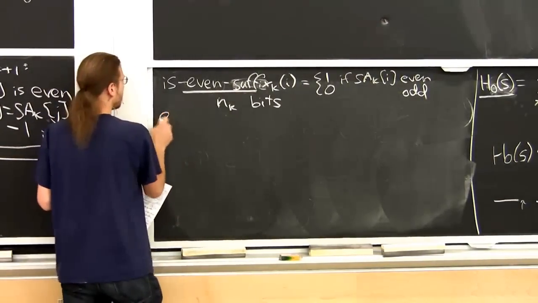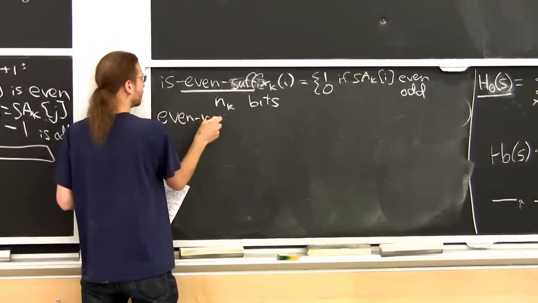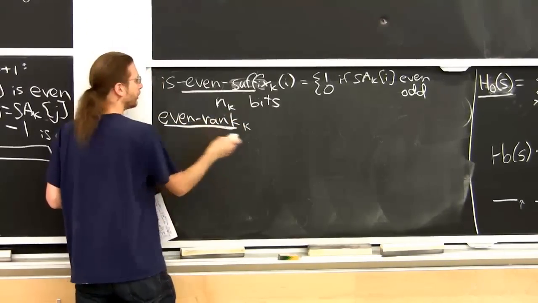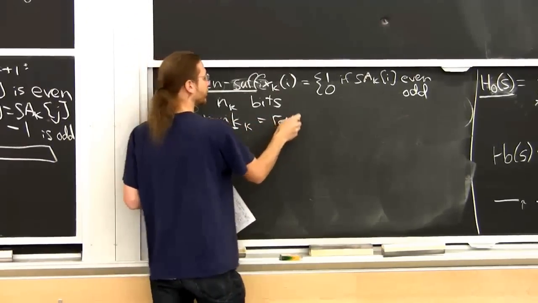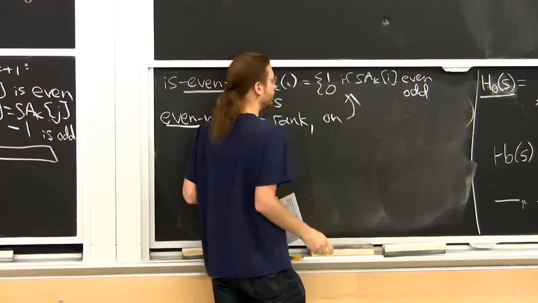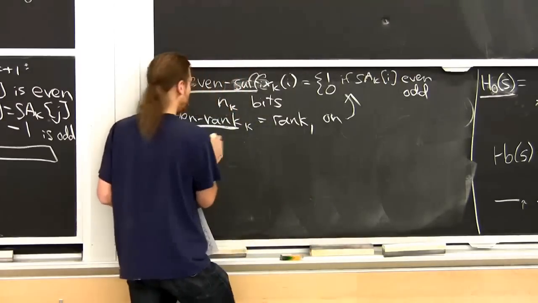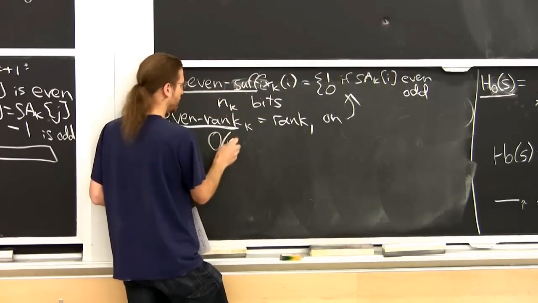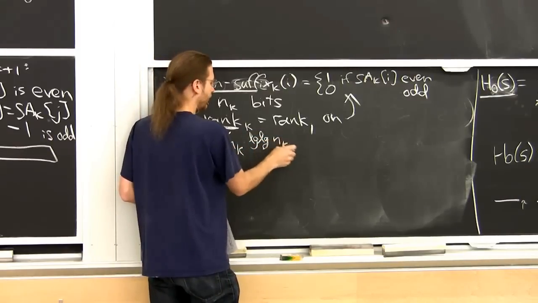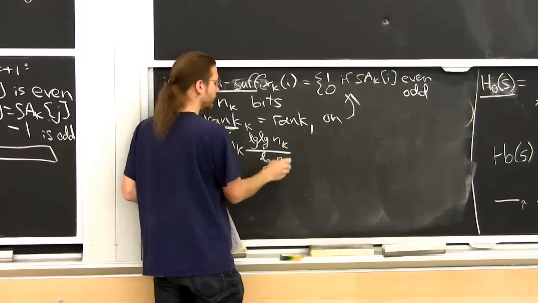Okay. Next is even rank. This is just the rank 1 structure that we covered last class. So this is going to be n_k, I think we did log log n_k over log n_k.